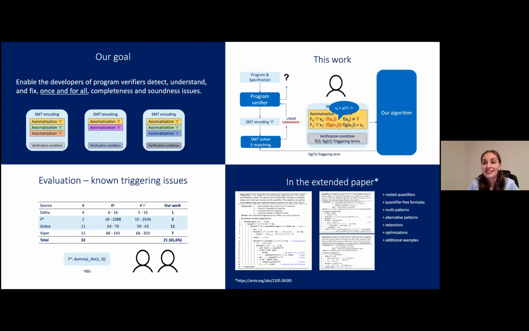Yes, so one direct extension would be to try to avoid these matching loops that we have seen that are problematic. We could try by construction to generate triggering terms that don't trigger matching loops. Another direction would be, I didn't have time to talk about it in the presentation, but our syntactic unification is a simplified form.